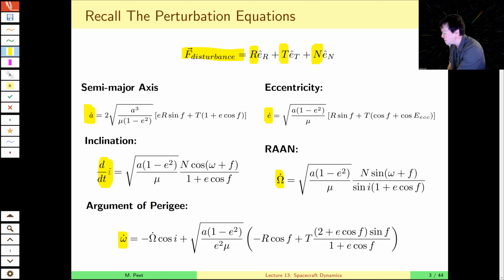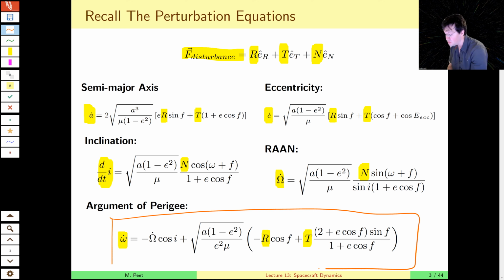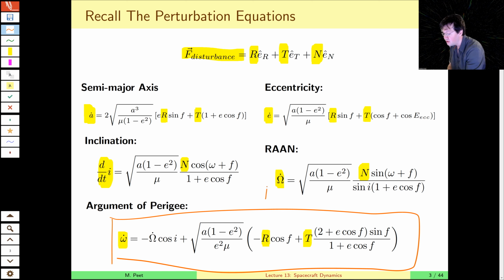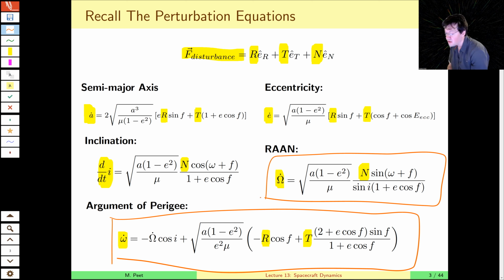In this case, I have d/dt because you can't really put two dots on that. And how those are quantified by, if we have an expression for these forces, how we can find the rate of change of these orbital elements.